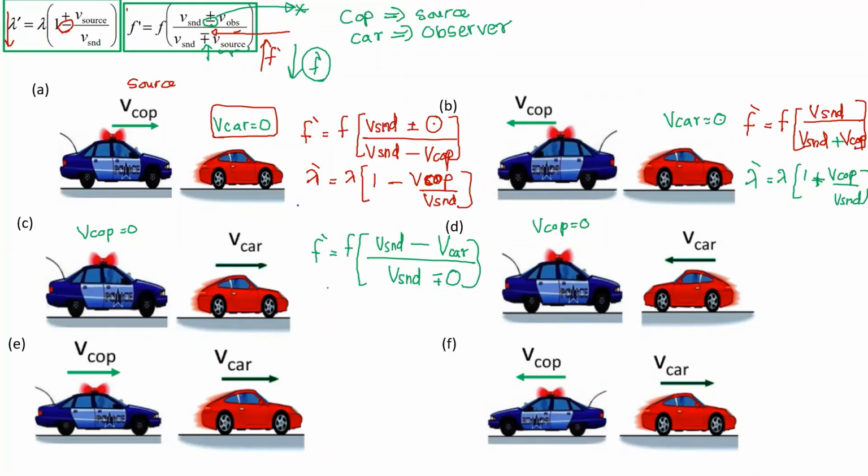So we are good. What about lambda here? Does the lambda change? No. Lambda doesn't change because this equation doesn't depend on the source, and it doesn't depend on the observer. If the source is not moving, your lambda will be same as before.